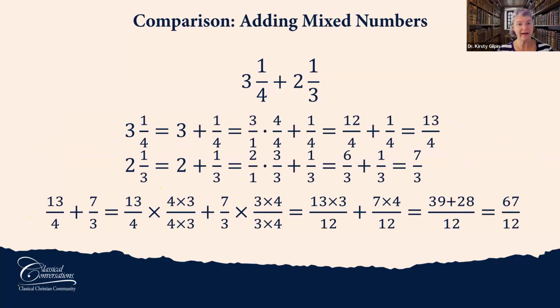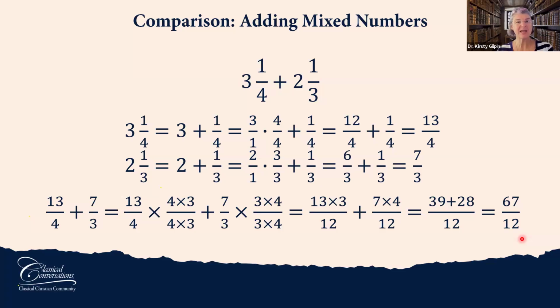Now, we could have taken our 3 1/4 and our 2 1/3 and converted both of them. And then when I come to making common units, notice the whole number is being converted. And so I end up with 13/4, and here's my conversion factor, 4 times 3, and then 7/3 with my conversion factor, 4 times 3 or 3 times 4, and that'll simplify to 67/12, which if I converted back to a mixed number would be 5 and 7/12.